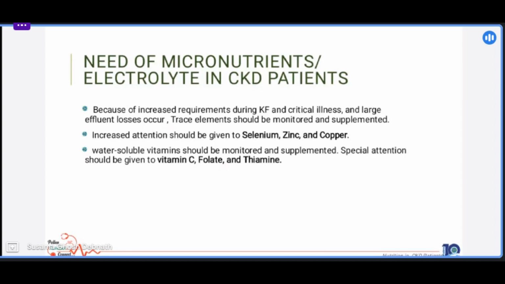If the patient has hyperkalemia, then we have to correct that. If the patient has hypokalemia, that also we need to take care of. So we have to supplement it in both cases. Increased attention should be given to selenium, zinc, and copper. Water-soluble vitamins should be monitored and supplemented. Special attention should be given to vitamin C, folate, and thiamine.